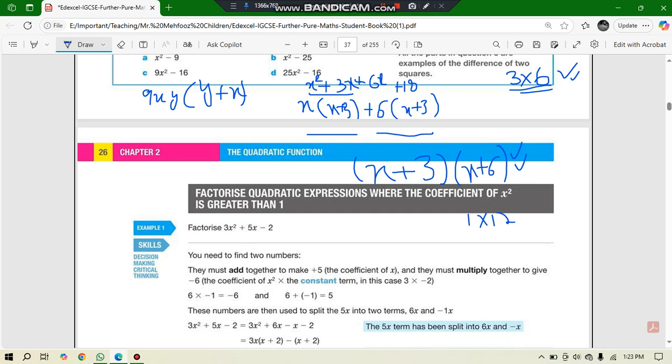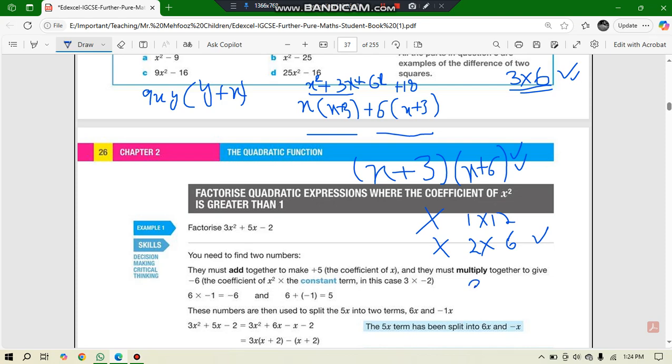So this is not 7, so we neglect this pair. Again, 2 multiplied by 6. The multiplication is true, but when we add or subtract these numbers, your answer will be 8 or 4. So it is also not used for this factorization.